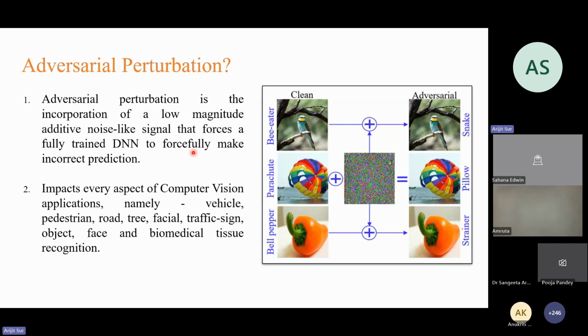This impacts every aspect of computer vision applications. Why is this attack so problematic, such a big threat? Consider the autonomous vehicle scenario, where a camera built into the car sees the traffic signal.